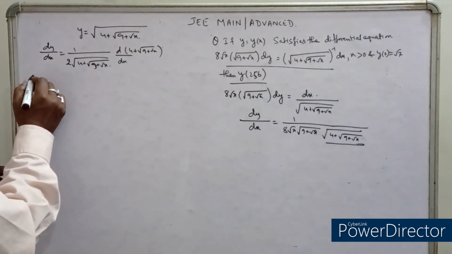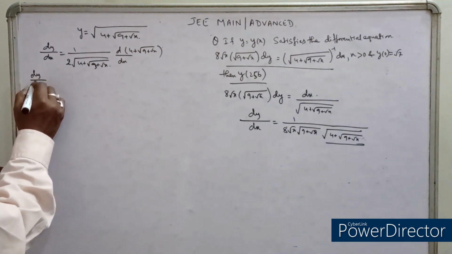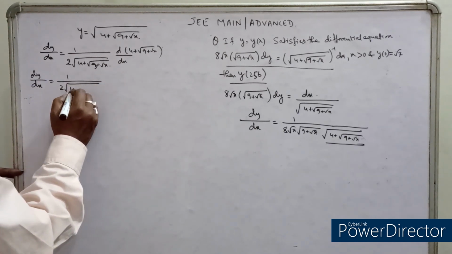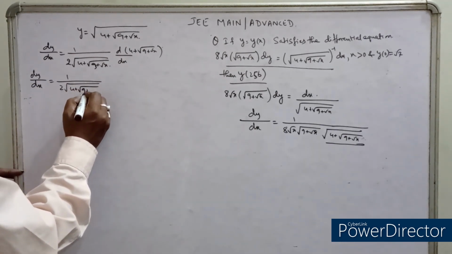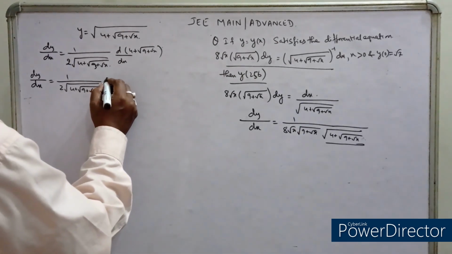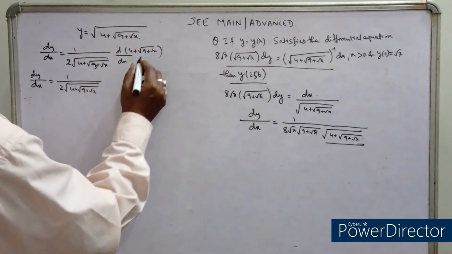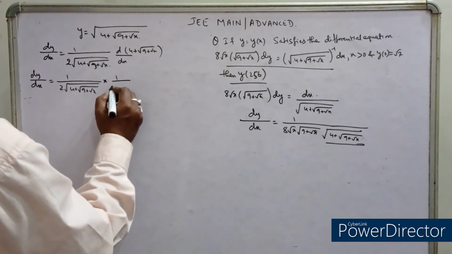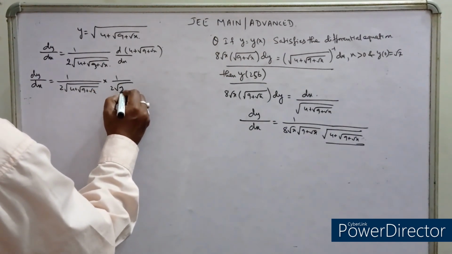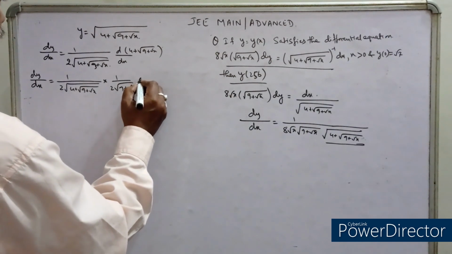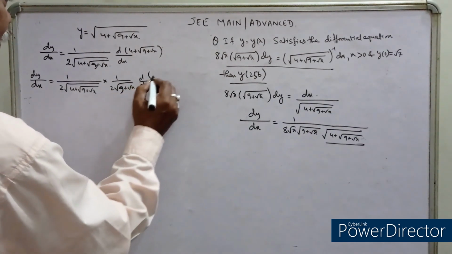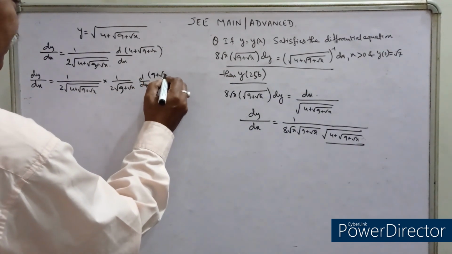Again dy by dx will be 1 by 2 root 4 plus root 9 plus root x, and here the constant is 0, and again there will be chain rule, with 1 by 2 root 9 plus root x, and d by dx of 9 plus root x.